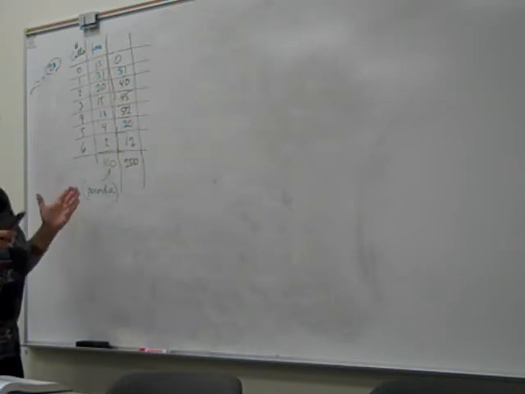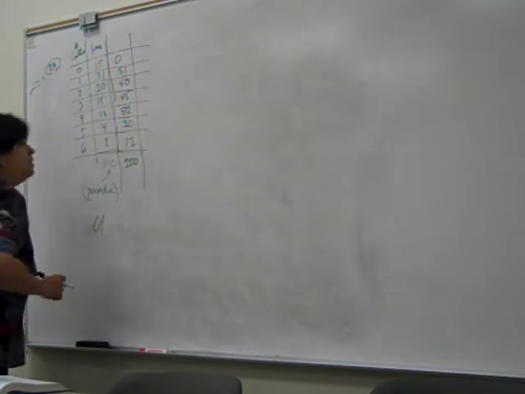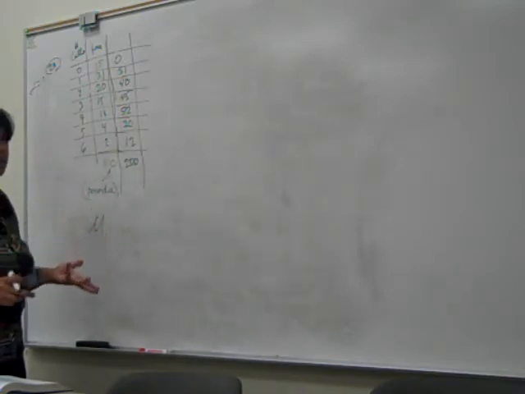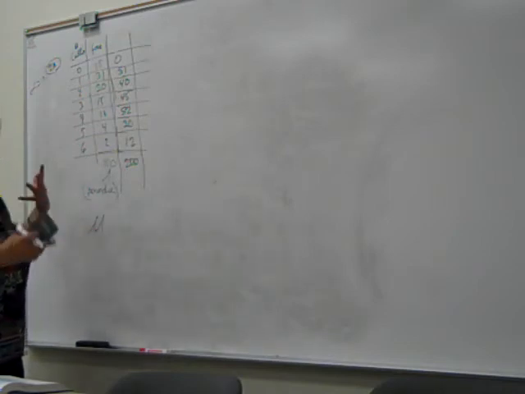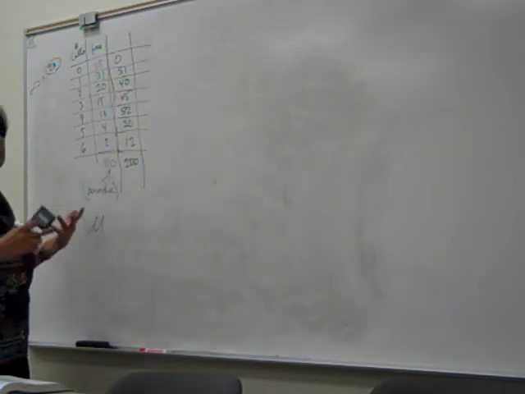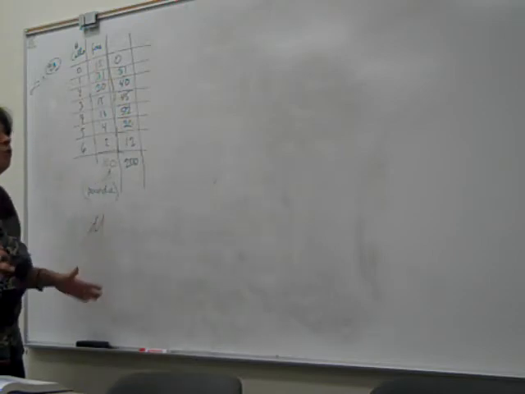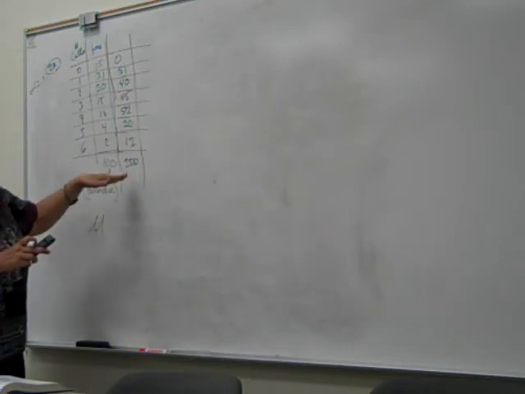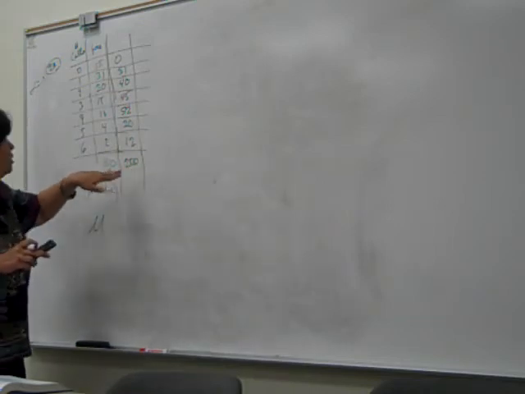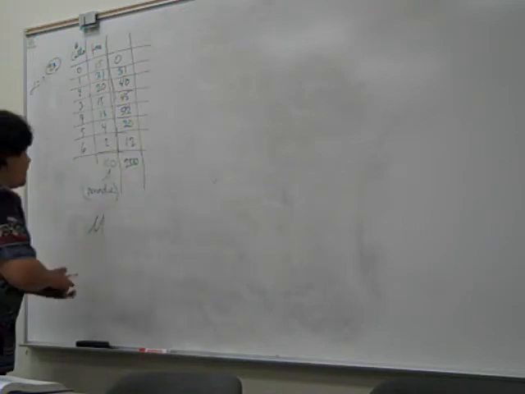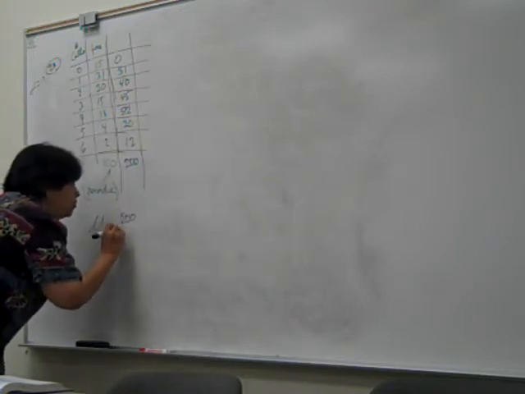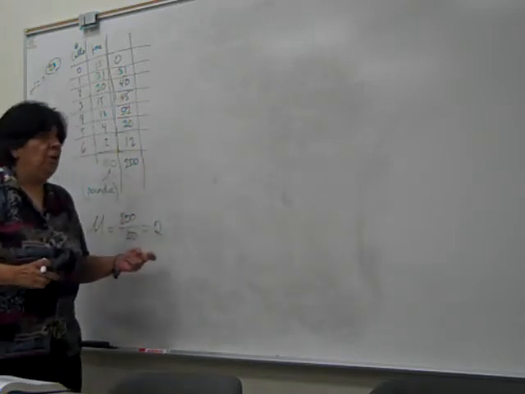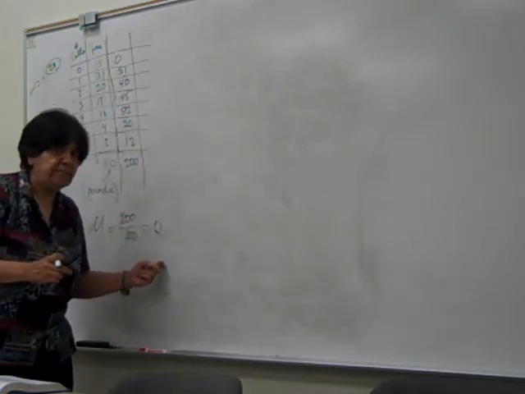Now we need to estimate the mean, the mu. Remember, for the Poisson distribution, mu tells you the average number of calls that you receive in your time period. In order to do that, we need to know how many calls and how many periods. So mu is equal to 200 divided by 100, an average of 2 calls per minute.